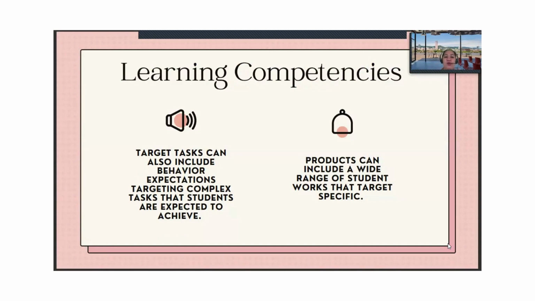First, target tasks can also include behavior expectations, targeting complex tasks that students are expected to achieve. So one of the competencies that we will be able to get is their behavior expectations. At this point, you will know if the student really performed, or if all the behaviors that you have listed on the rubric are shown by the student.